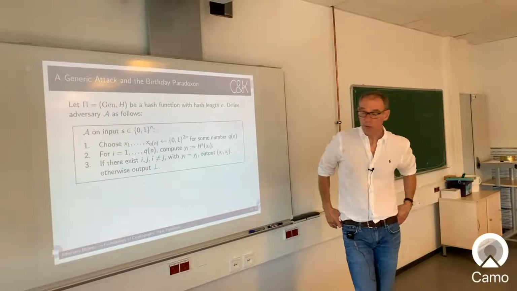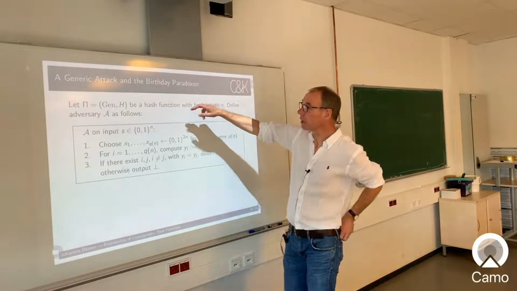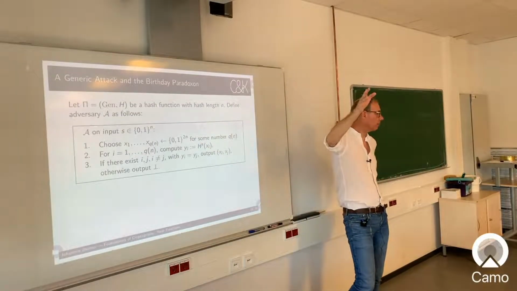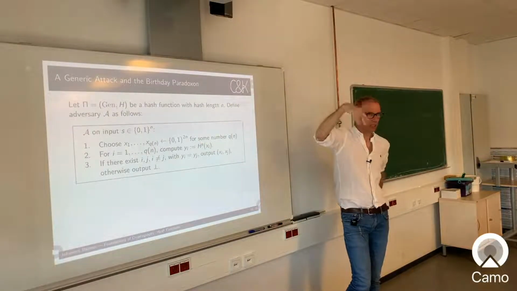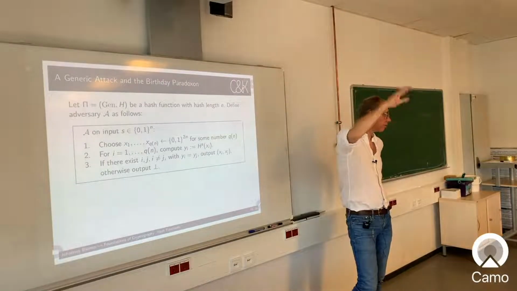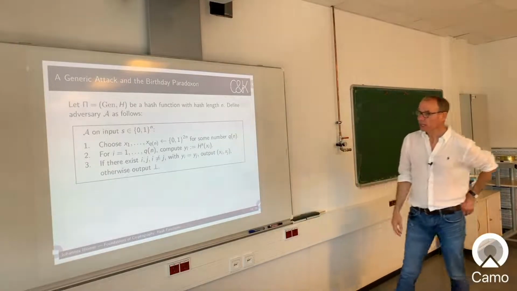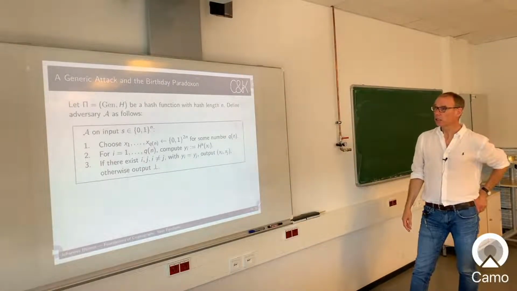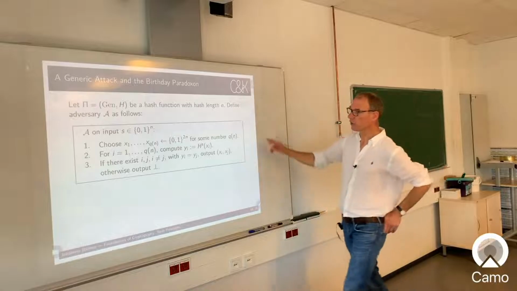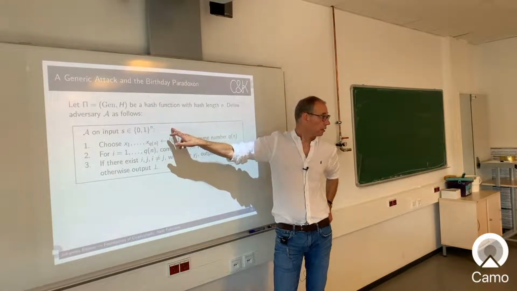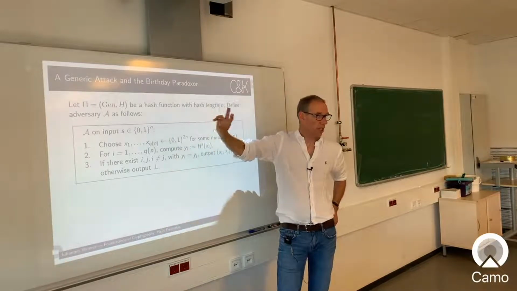Okay, so for simplicity, let us assume that we have a hash function whose hash length is n. Right? I don't want to introduce polynomials. You can easily extend that to other things. And then I define the adversary A as follows. So the key length is also n. Okay, so key length and hash length are the same.